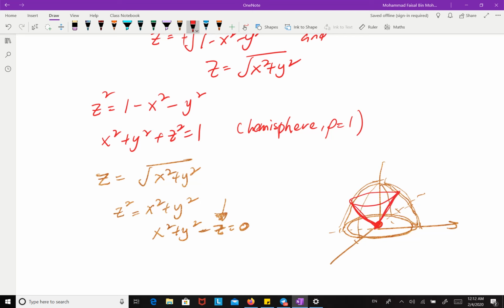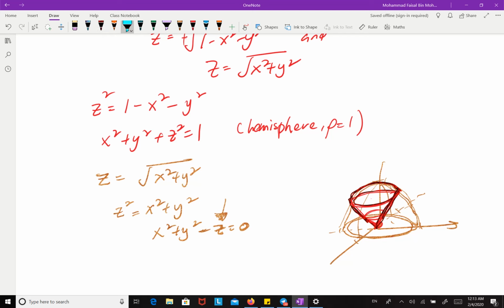So you have to know chapter 1, traces, all sorts of things. The region bounded between these two surfaces will be this and this. I put it in a different color.